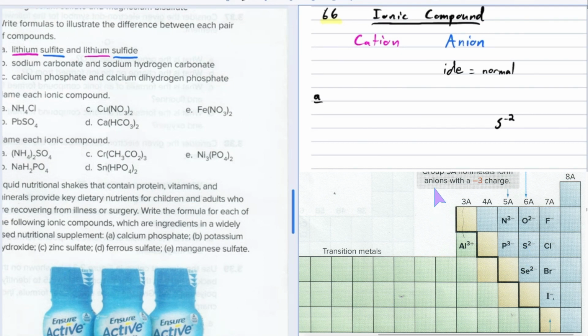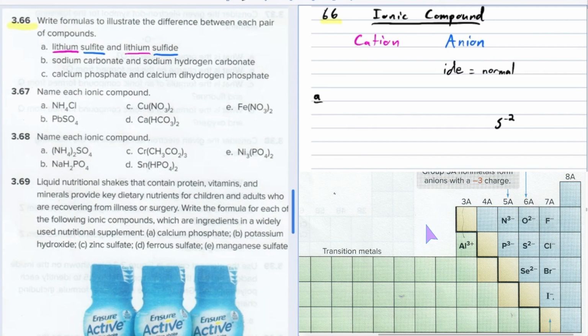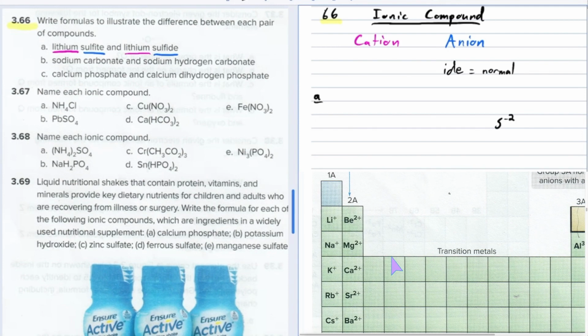Now, lithium is also pretty easy to identify. Lithium is in the +1 column. And so for both of these, the one on the left is going to be lithium +1, and the one on the right is lithium +1.